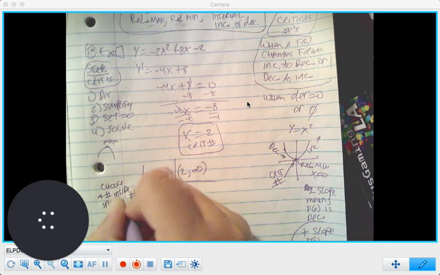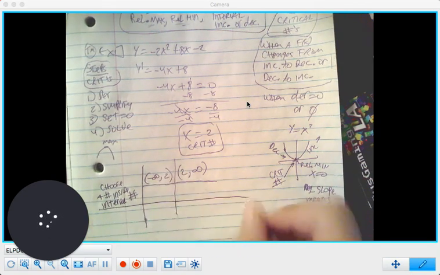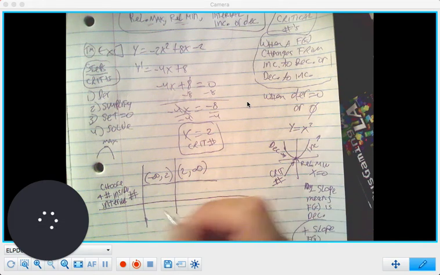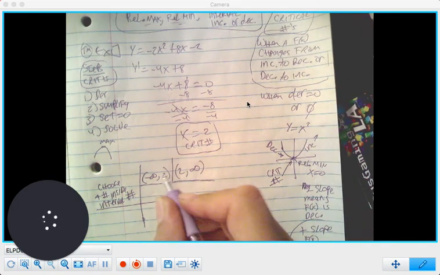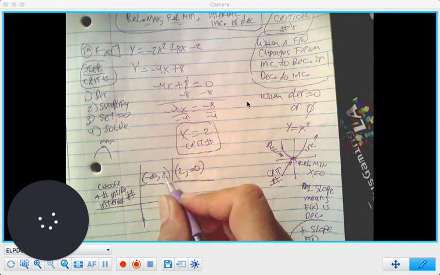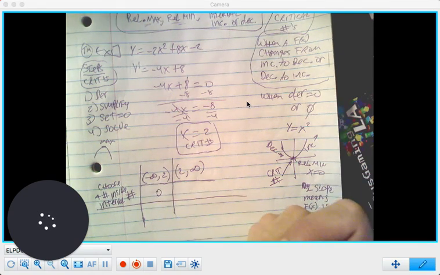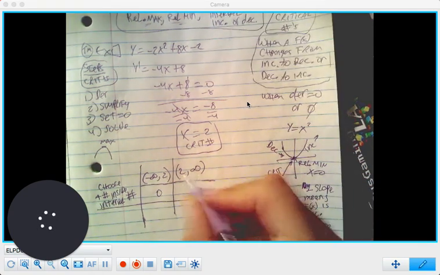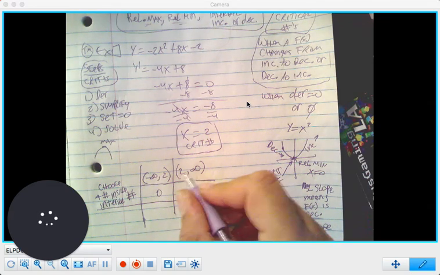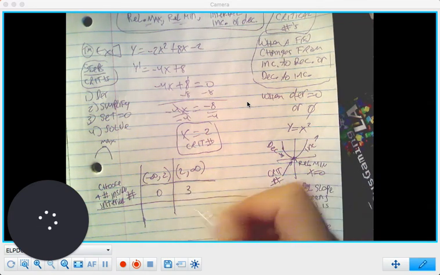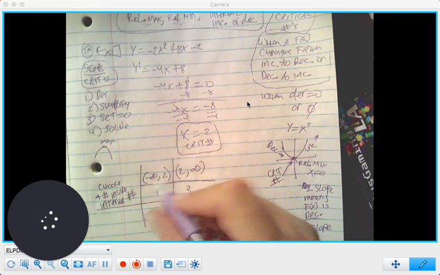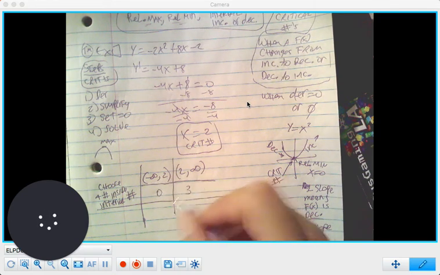Your number has to be inside your interval. You always try to get the easiest numbers possible. So between negative infinity and 2, I'm going to choose 0. That's the easiest number. Here, the closest one to 2 would be 3. These numbers have to be in between these two, inside the interval.